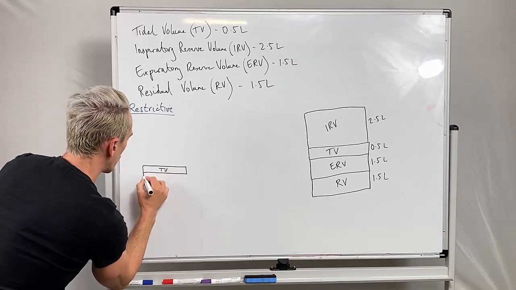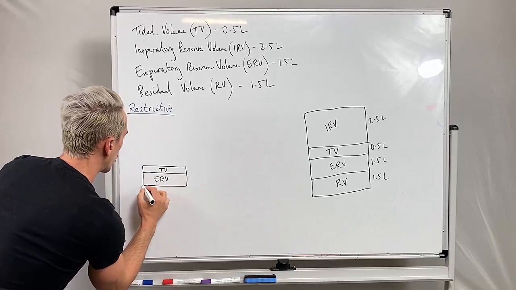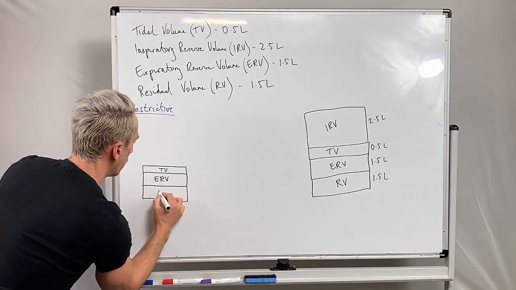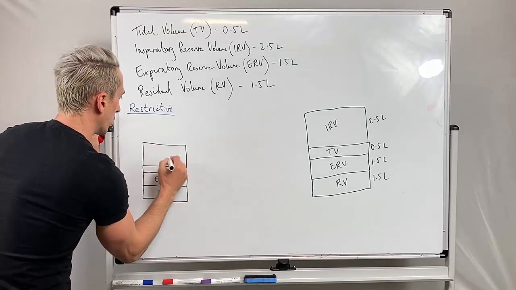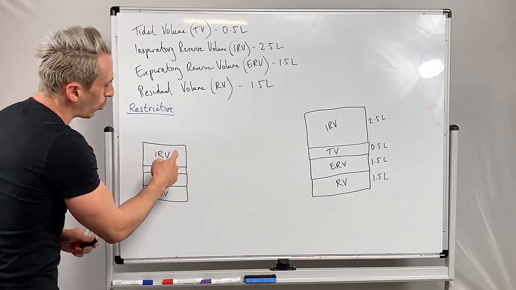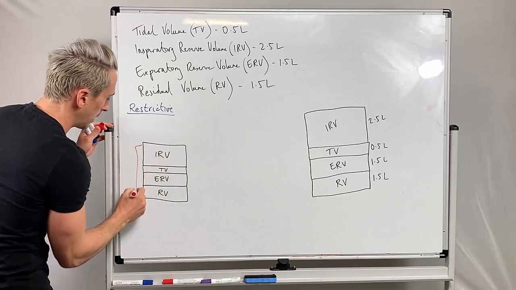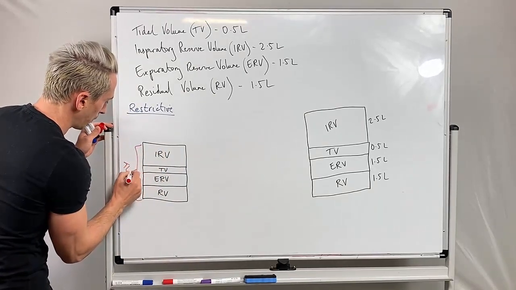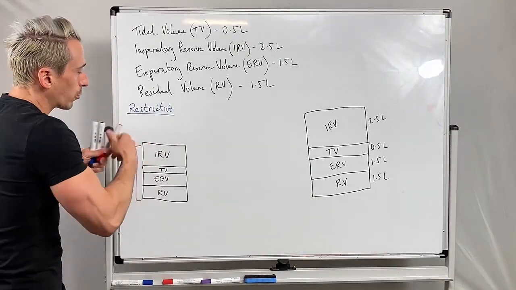We can draw it up with a small expiratory reserve volume. We can draw it up with a small residual volume. We can draw it up with a small inspiratory reserve volume. And so what that means is, while all the volumes are reduced, it also means the total lung capacity, the TLC, is reduced as well. So that's a restrictive respiratory disorder.